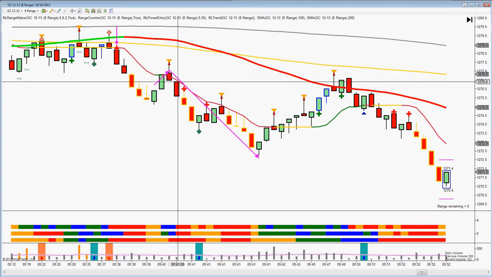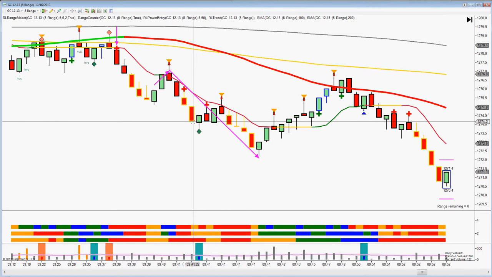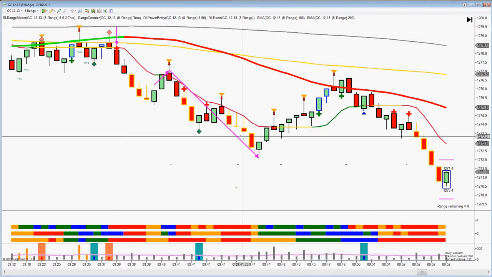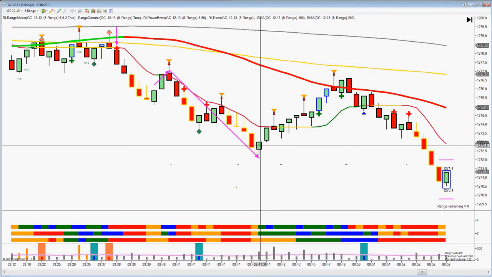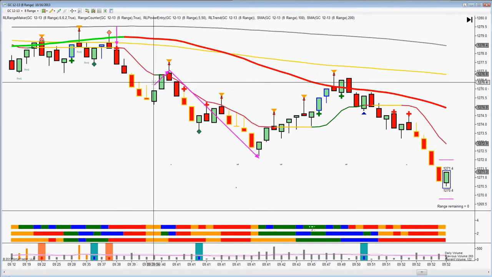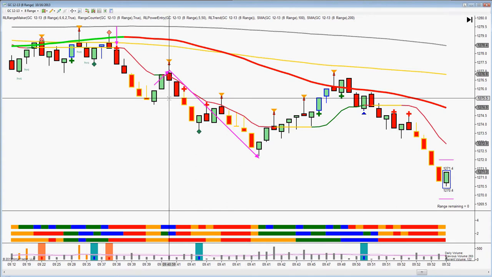This is a 9:41 move. There's 14 range bars in this move. And it happened so fast that there's no way that we could have gotten into this trade because we didn't have a chance to see it evolve.